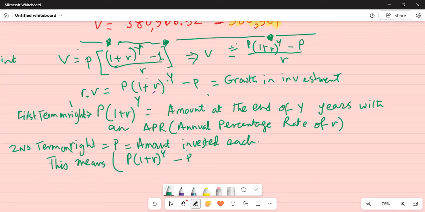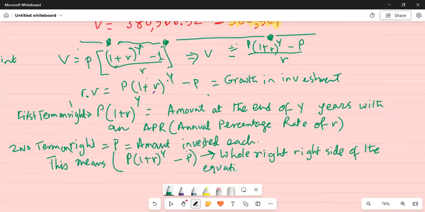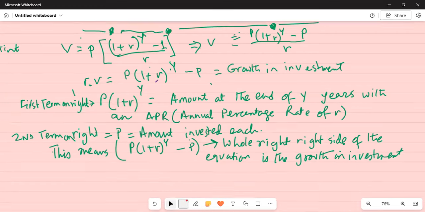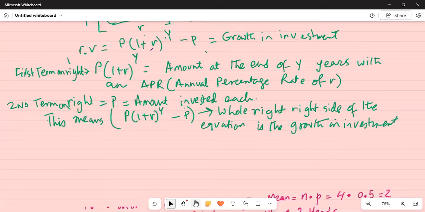That means the whole right side of the equation is the growth in investment. And if I move this a little bit up, also I'll change the color here.